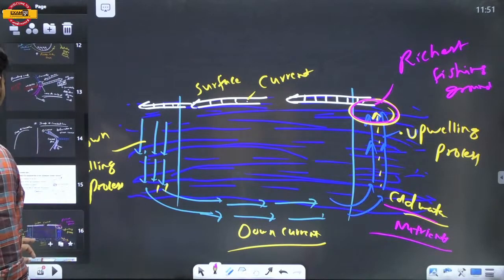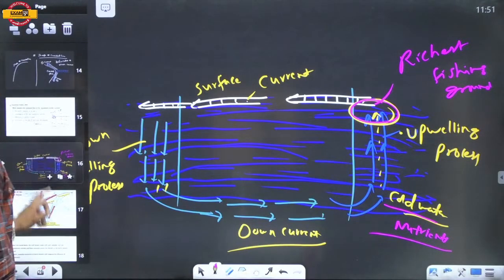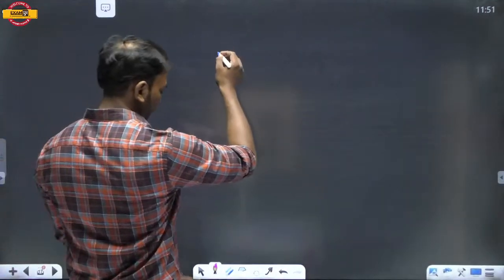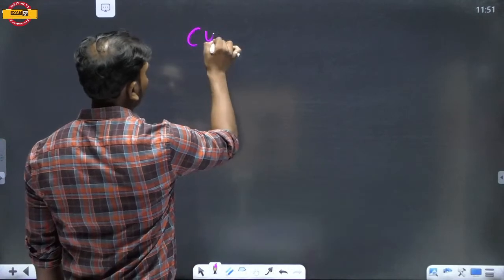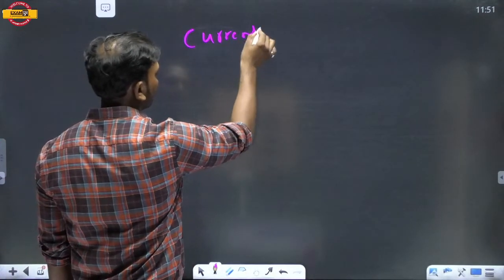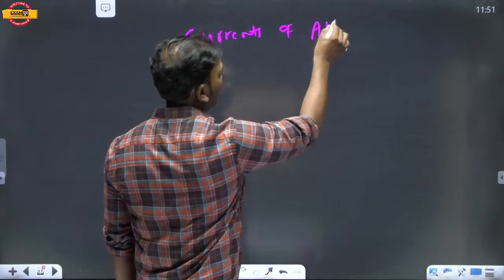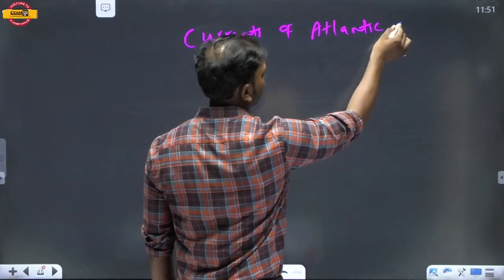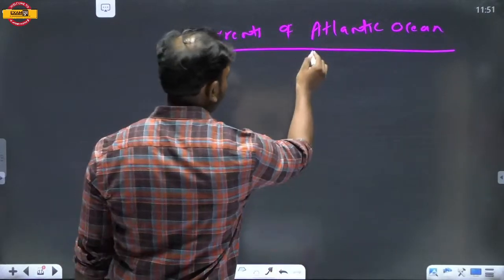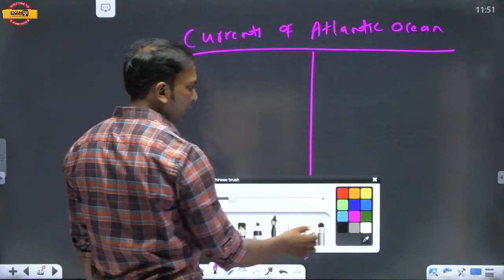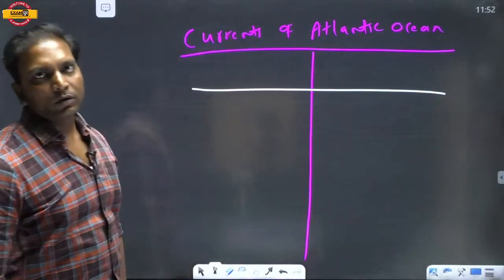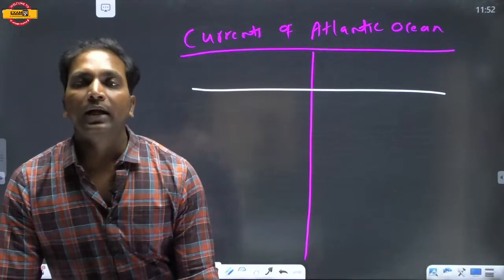Now we are going to discuss the currents of the Atlantic Ocean. Firstly, we will get the point about what currents flow in the Atlantic Ocean.